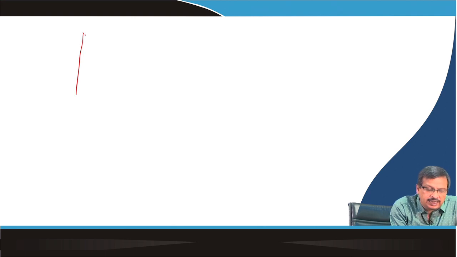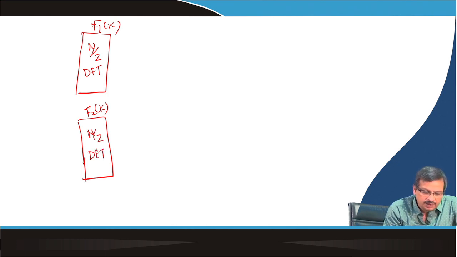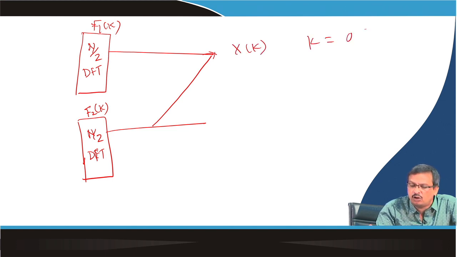This is my F1(k), this is an N/2 point DFT, and here this is F2(k), also an N/2 point DFT, length N/2. So, here F1(k) and F2(k) will be added together to get X(k), where k varies from 0 to N/2 minus 1.